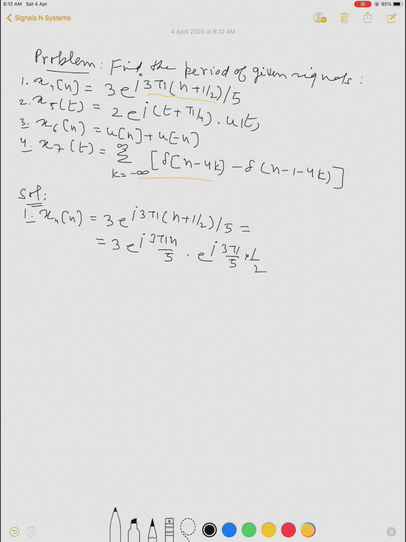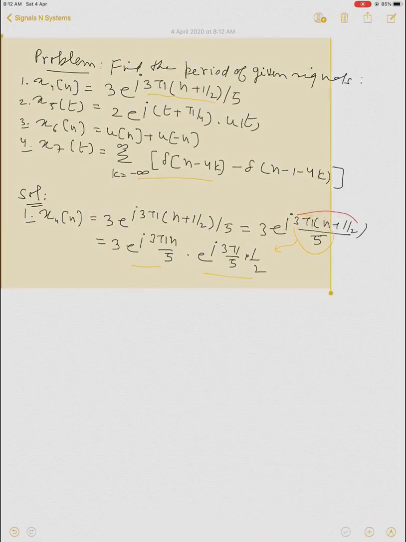You can also write here e raised to power j 3 pi (n plus half) divided by 5. So here, 3 into e raised to power j, we simplify this into two terms: 3 pi n and 3 pi divided by 5 multiplied by half.